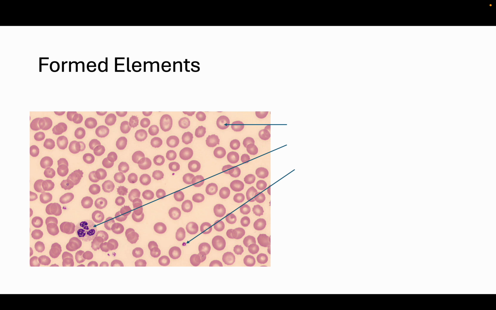If we look at the formed elements, you are going to see that erythrocytes are the most abundant. Leukocytes and platelets are less abundant. Only the leukocytes are considered complete cells. Most of the formed elements survive in the blood for a few days.